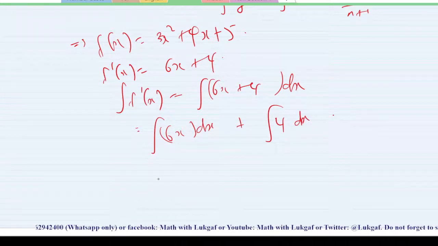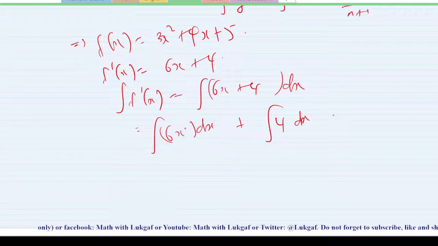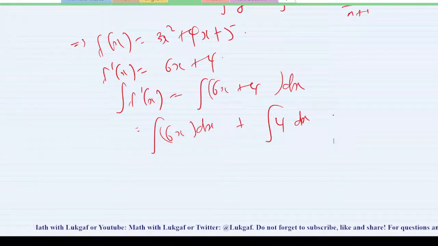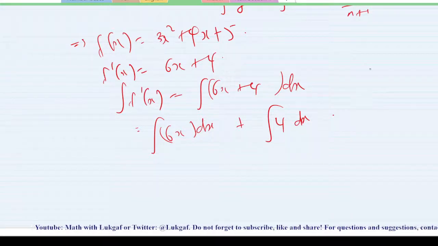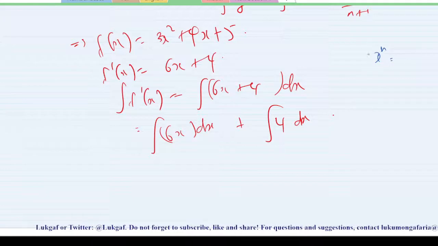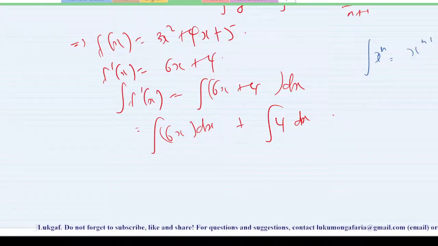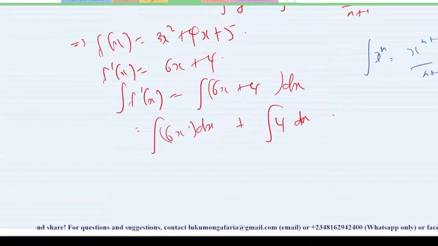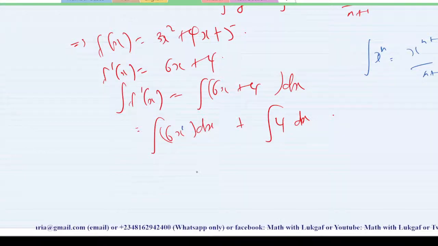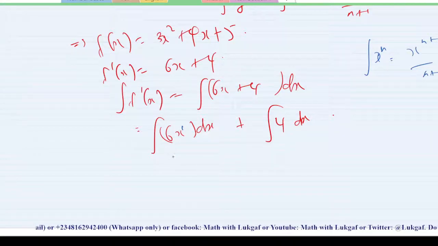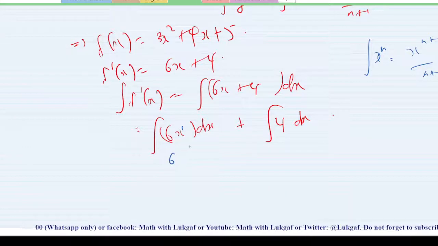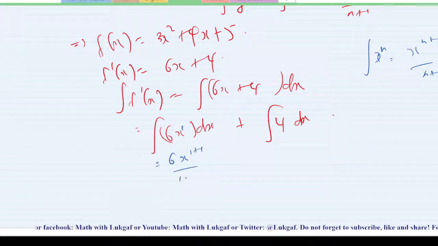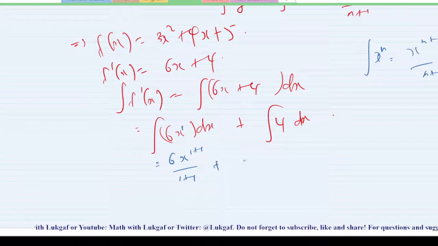You understand now? So don't forget what I explained the other time, that if you have x raised to n, the integral of x raised to n is the same thing as x raised to n plus 1 divided by n plus 1. That is, you add 1 to your index, divided by that new index. This is the same thing as x raised to 1 before. So if I integrate it, I'm going to have 6x raised to 1 plus 1 divided by 1 plus 1.